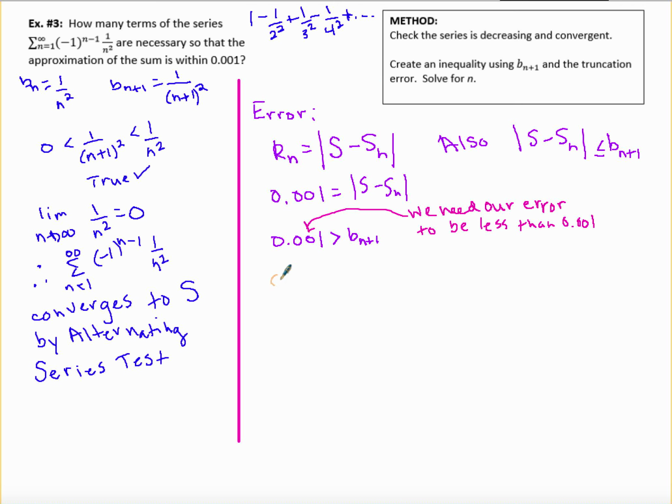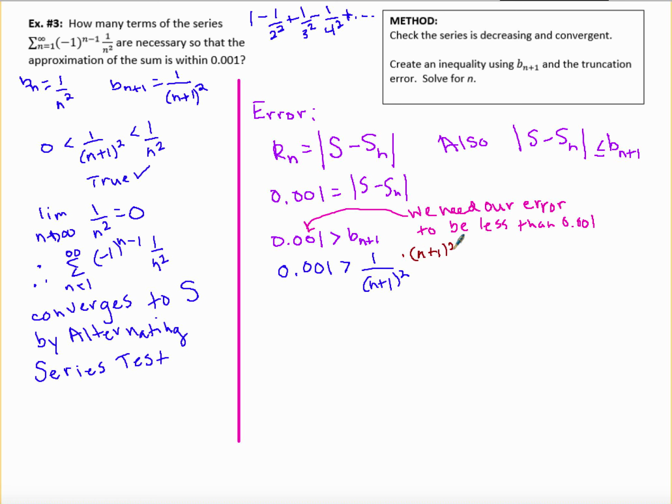So I've got 0. Ooh, interesting color. I was not intending to use that. 0.001 has to be greater than 1 divided by n plus 1 squared. Now I want to solve it for n. Obviously I don't enjoy having this in our denominator, so I'm going to go ahead and multiply both sides of this inequality by n plus 1 squared.